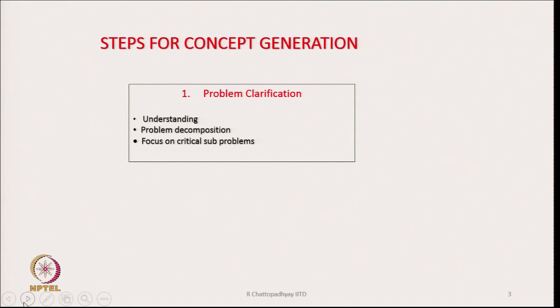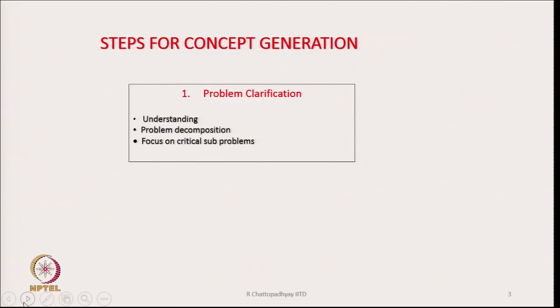So, the very first step is problem clarification, and within the problem clarification, what we need is to have a very good understanding about the problem, a very clear cut understanding. A fuzzy understanding is not going to help.